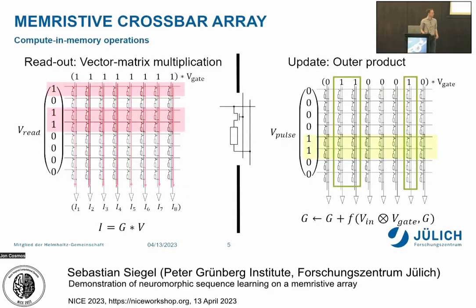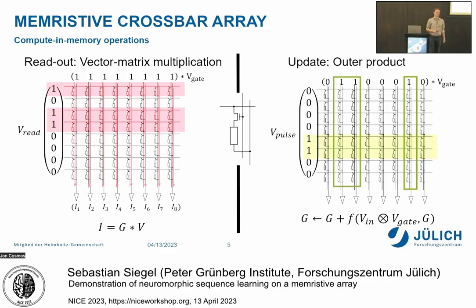What can we do in terms of compute and memory with a memristive crossbar array? One thing, of course, is vector matrix multiplication, meaning we open all the transistor gates and apply an input vector. That means these red-colored devices will receive a read pulse, or read signal, and generate a current.